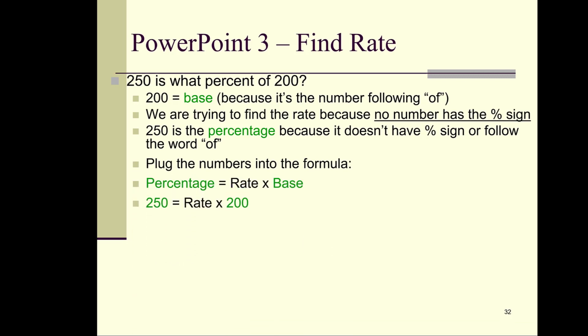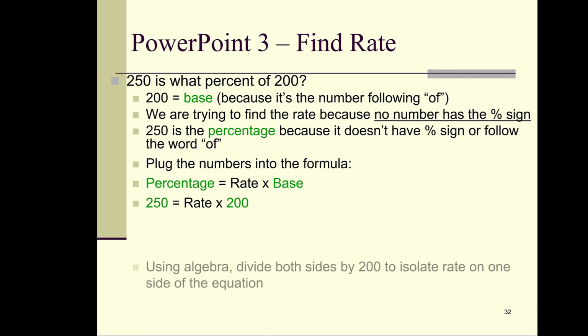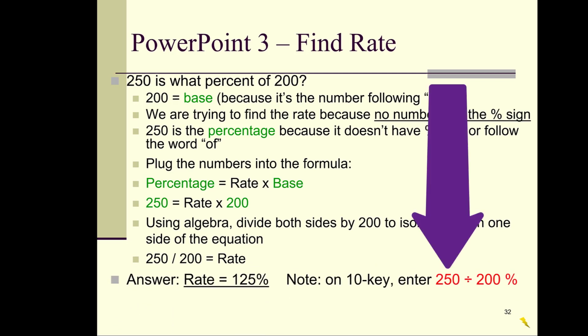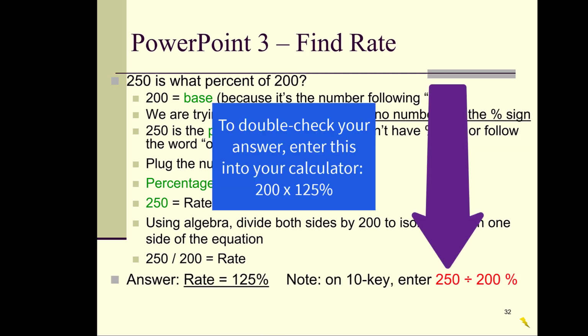We get 250 equals rate times 200. So to get rate on one side all by itself, we divide both sides by 200. And we get 250 divided by 200 equals rate. So on your calculator, enter 250 divided by 200, then hit the percent key, and you should get 125%.